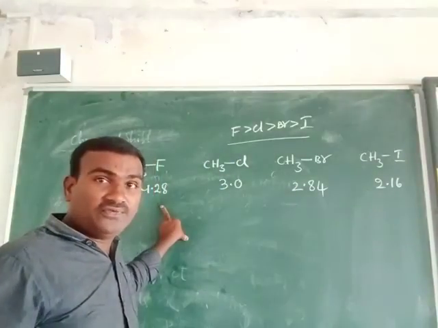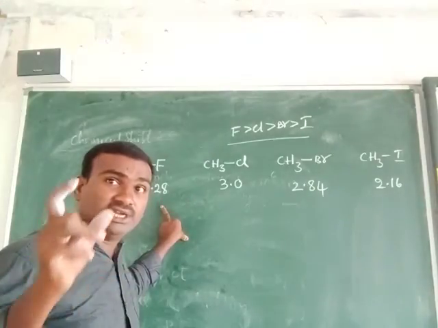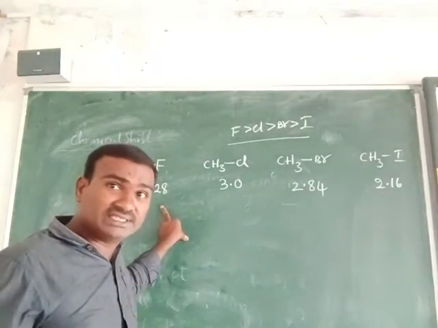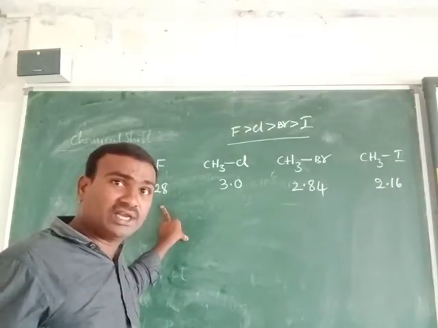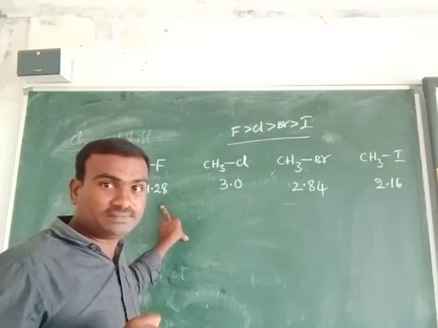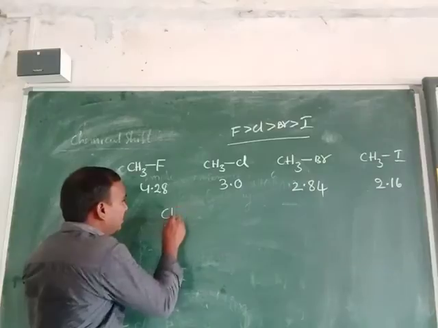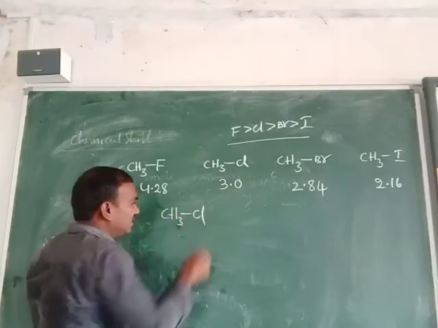That is, if the distance of the protons from the electronegative atom increases, the deshielding or chemical shift values decrease. For example, methyl chloride, CH3Cl.